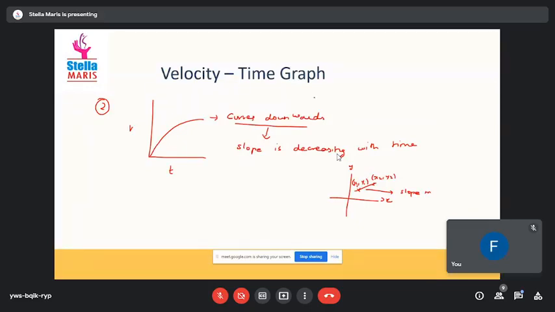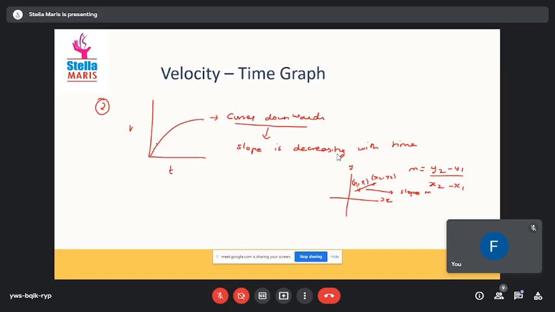So what is slope? You know what is slope? Slope m is equal to y2 minus y1 divided by x2 minus x1, right? So that's what happens here.